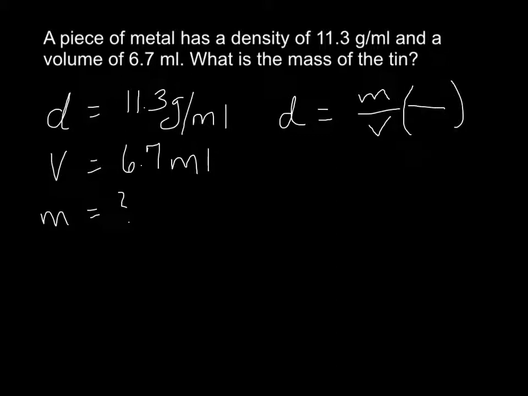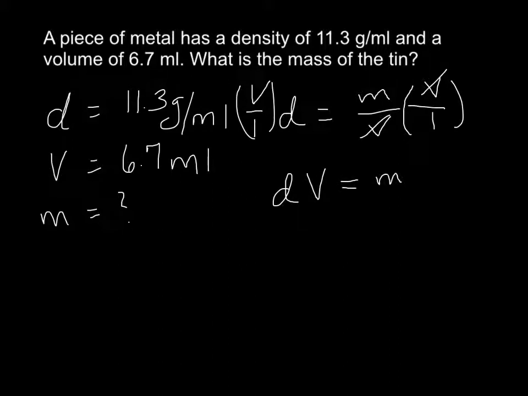So how do we get rid of the volume? Well, we have to multiply both sides by the volume. We're going to multiply both sides by V over 1. That makes the volume cancel. So density times volume equals the mass.